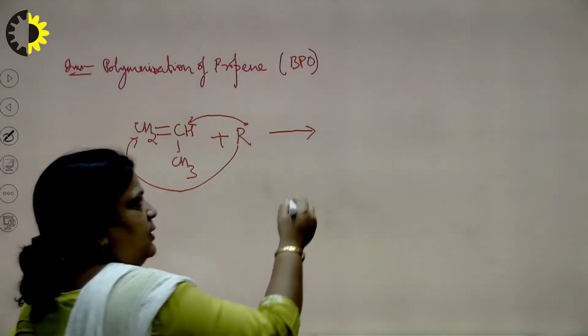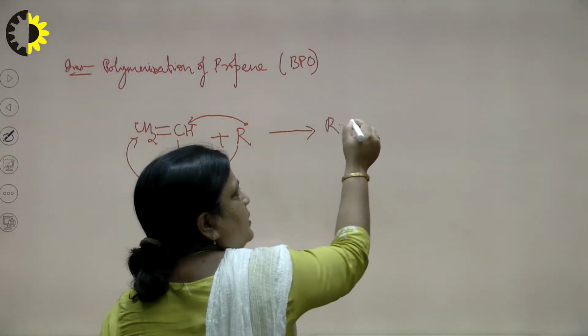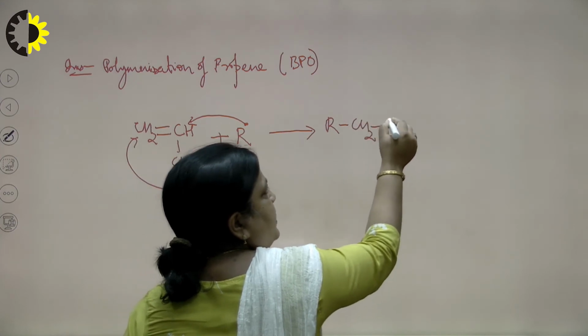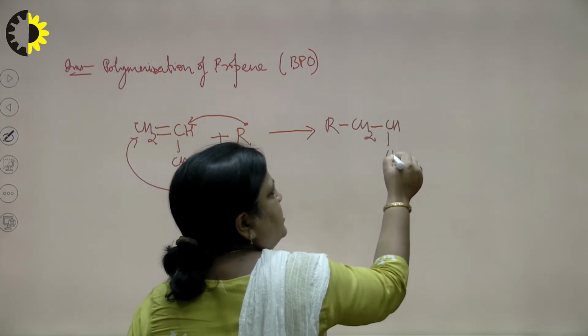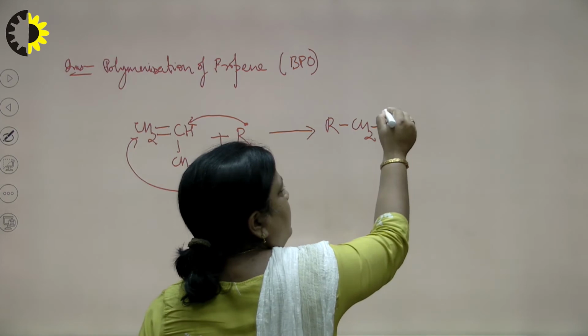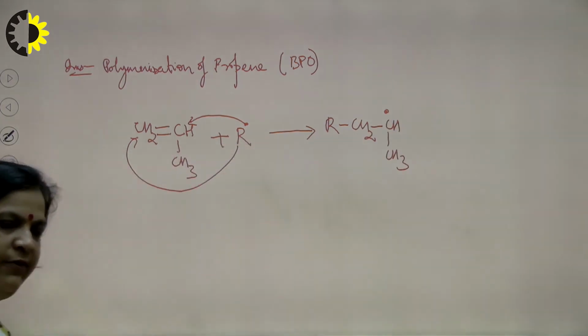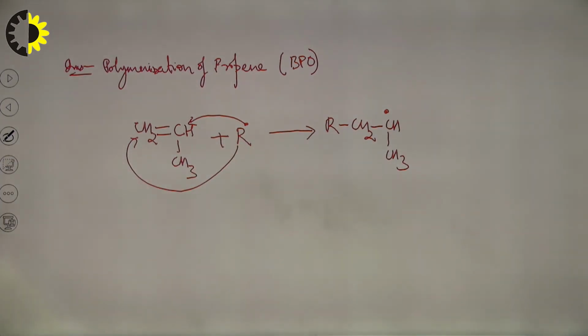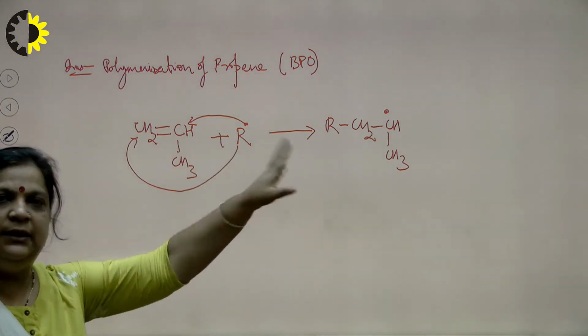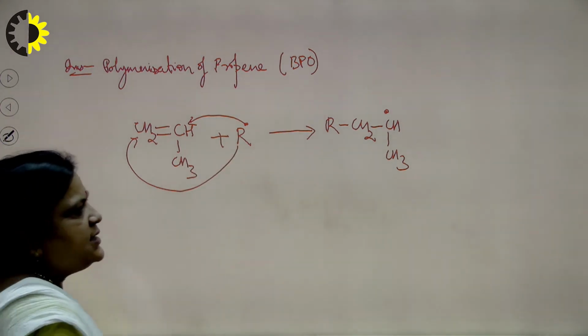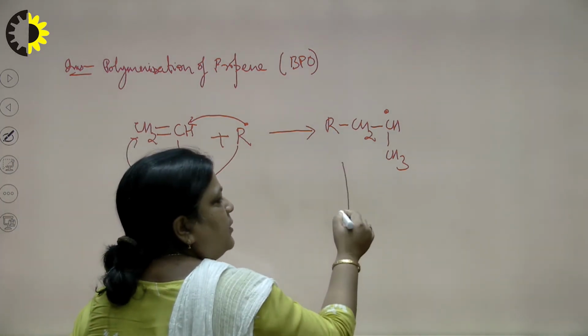So R CH2 single bond CH CH3 radical. So one monomer radical is ready. This is the initiation step: first is formation of R radical and then this. Now, the second step is propagation.